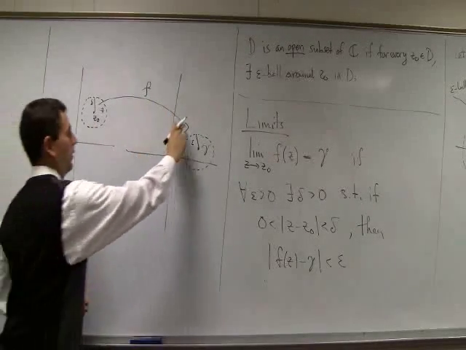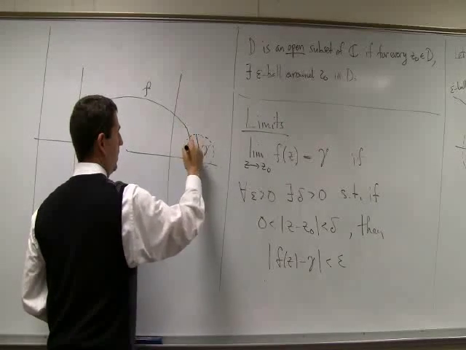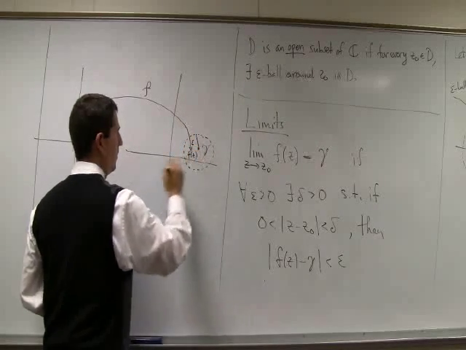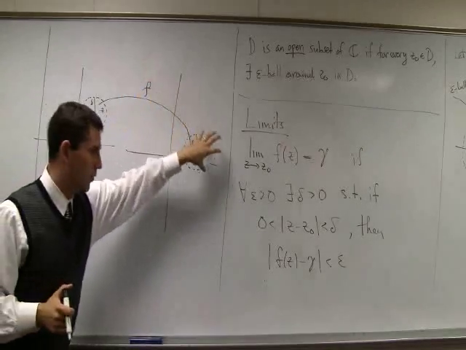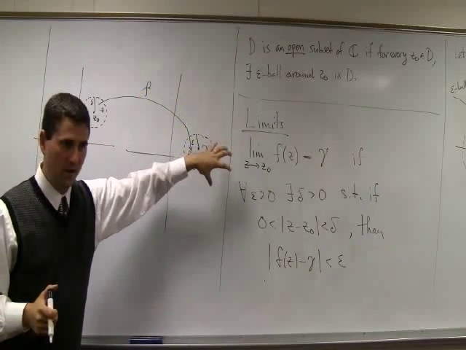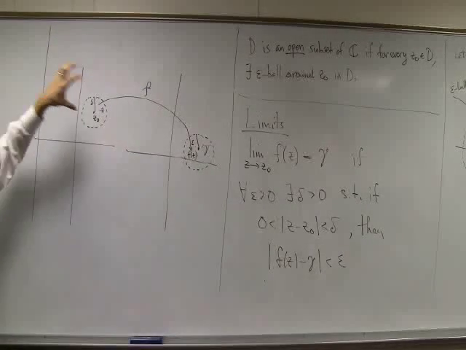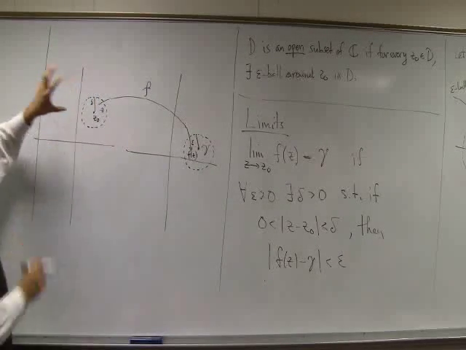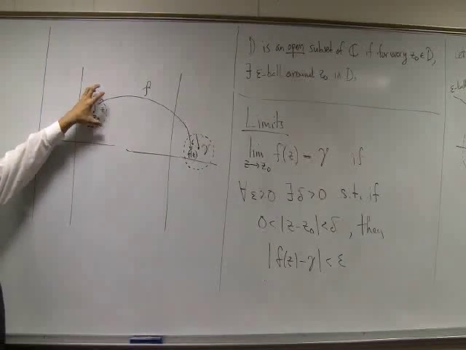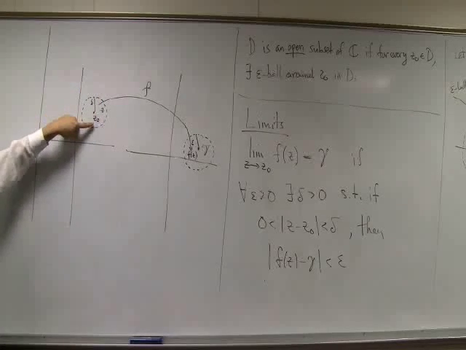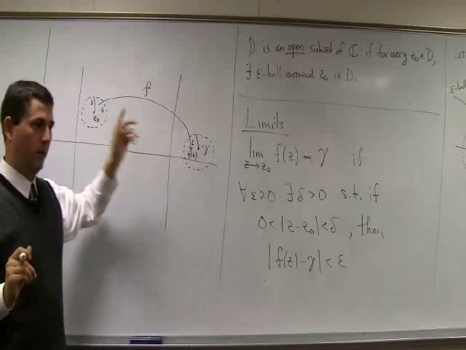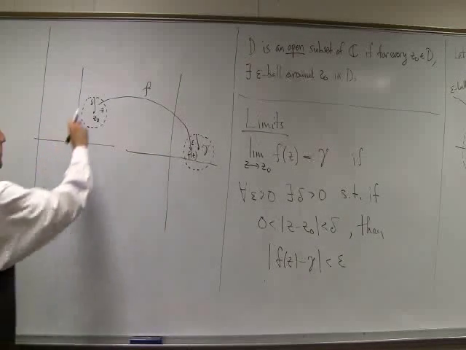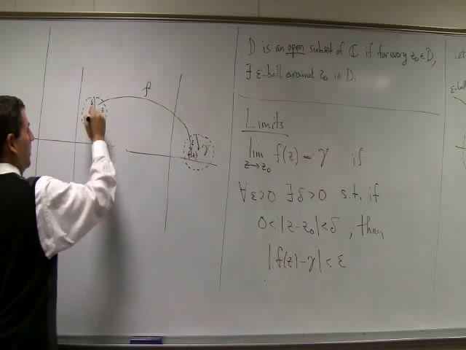It has to go all the way in. That's the point. You start on the right with an epsilon ball. Then you should be able to find a delta ball such that the entire delta ball, sans perhaps z naught, gets mapped into this epsilon ball. We don't actually care what happens at z naught. A little hole in there actually.